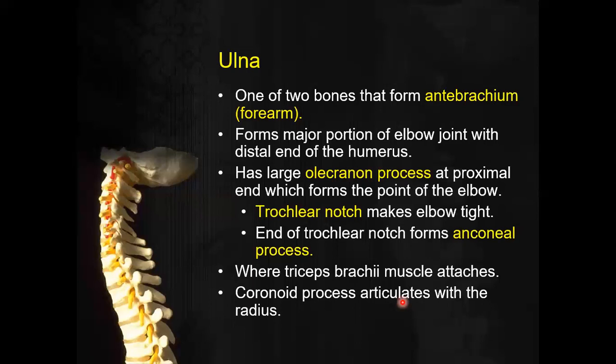The other problem is when you dislocate it, the anconeal process has to fit perfectly into this notch. And so if I dislocate it, it's going to take quite a bit of effort to put it back in and not break that process. That's why it's kind of a big deal.